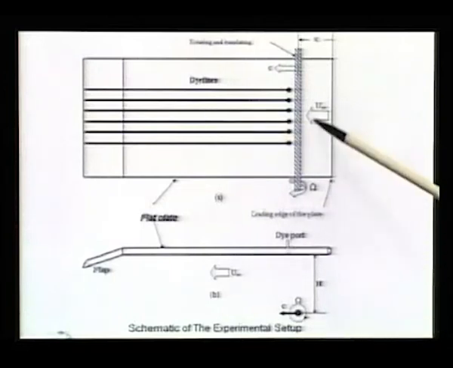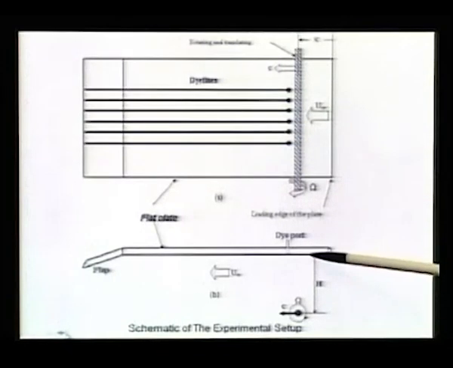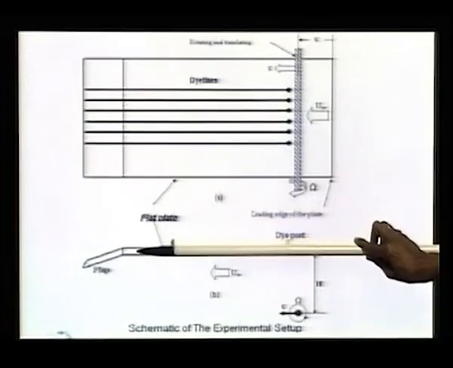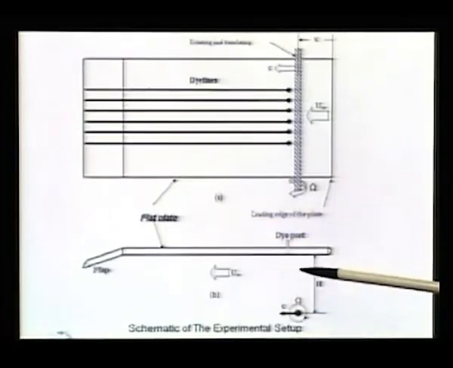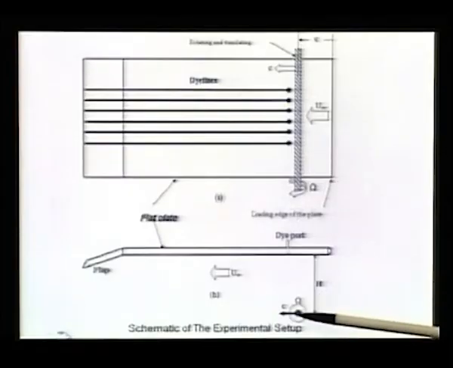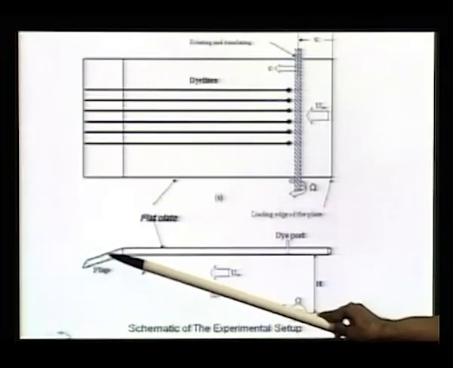Now this is a side view. This is the plate, and this is the vortex that is going at a constant height h, and the speed c is fixed by us. RPM we can change ourselves, so we have every control, and we also have a flap.